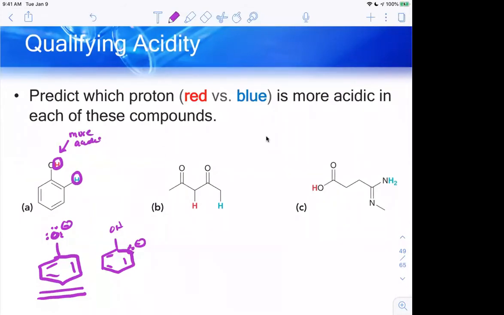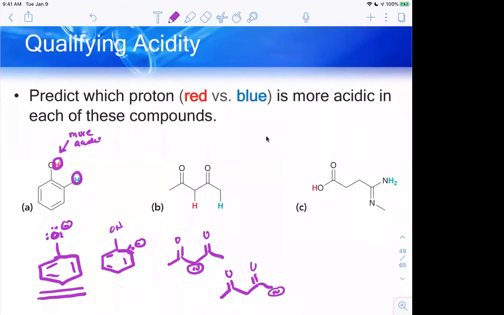Let's look at these two conjugate bases. I could have this guy versus this guy. Notice my atoms are both carbon, so I can't use the atom in order to do this.